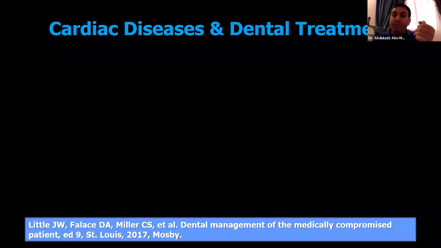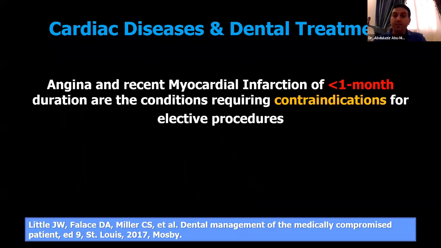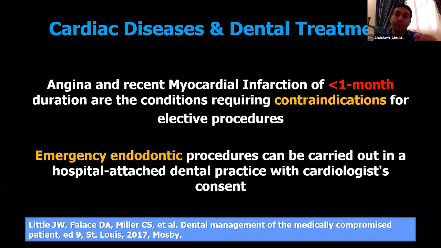Now, where we have a problem is angina, or someone who had a myocardial infarction less than a month ago. That's unstable. If you want to treat this patient, you need a hospital-based setting in case of an emergency. From 1 month to 3 months is still semi-stable.